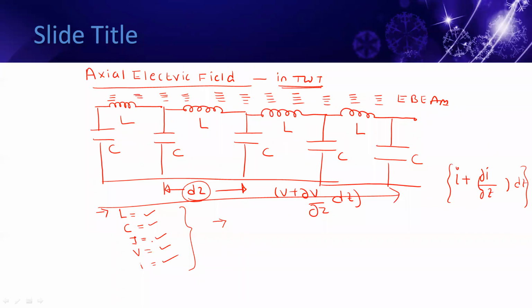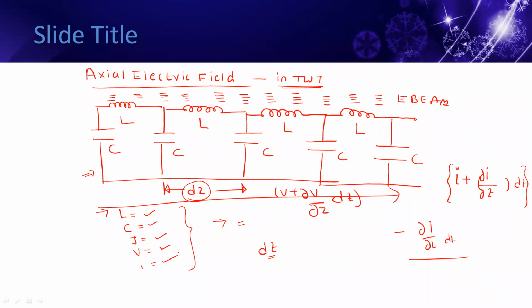Since the net current in the length dz must be 0, the current flowing out of the electron beam into the line current should be available as minus dou I z by dou z of dz. So this is the application of the transmission line theory, just by incorporating the electron beam.